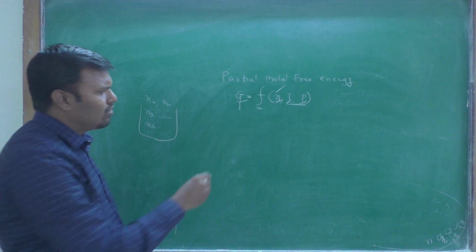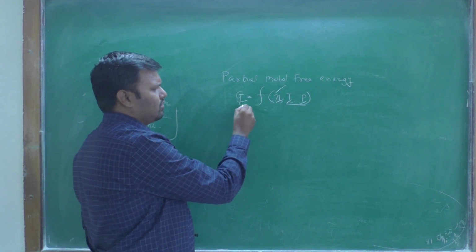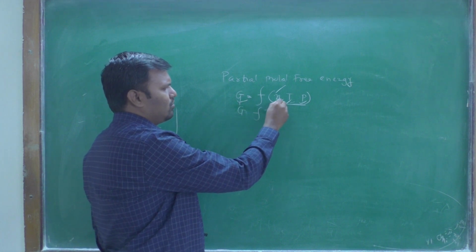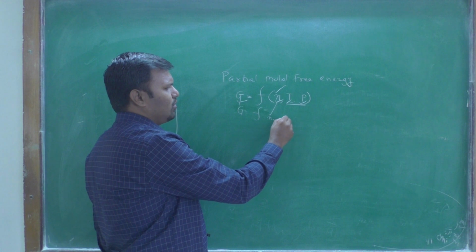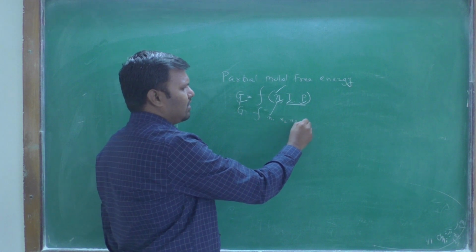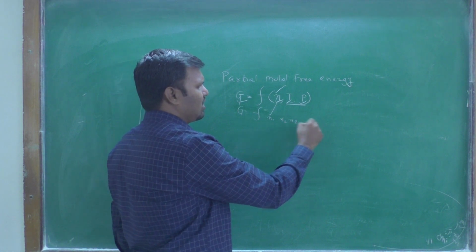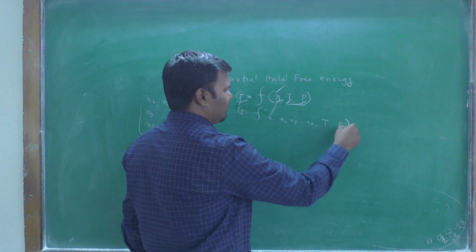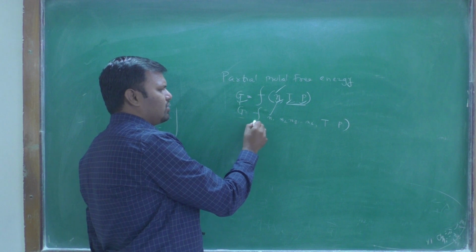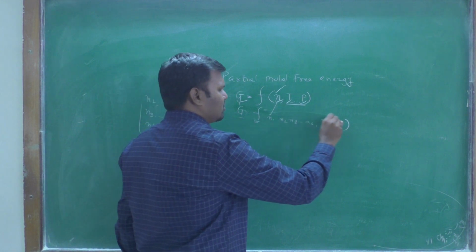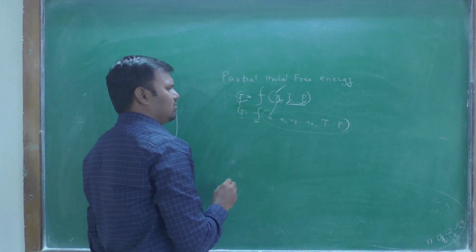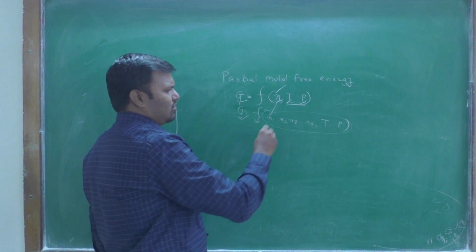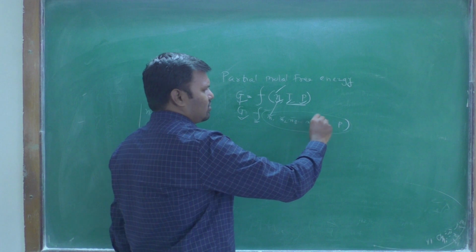And therefore, our free energy depends upon the number of moles, that is n1, n2, n3 up to nth, and at a particular temperature and pressure. Therefore, G is a function of all these variables. It means G changes when we change these variables.